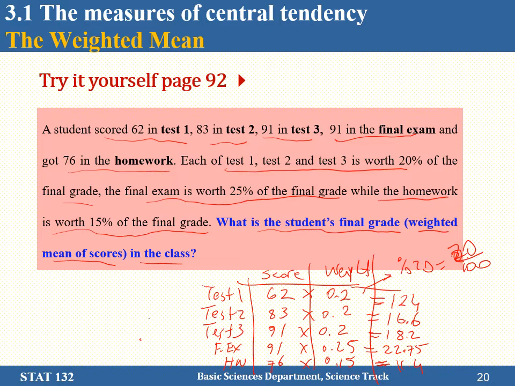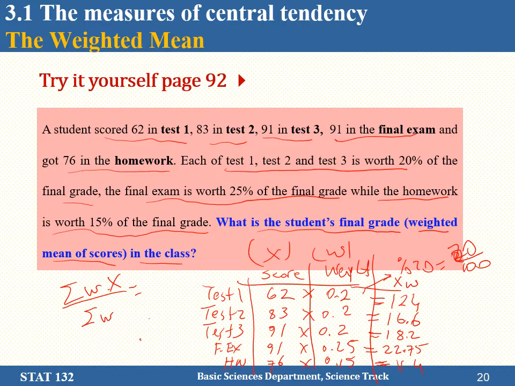We know it's equal to the sum of the weights times the scores divided by the total of the weights. Now we have to calculate this. These products here are your X scores times the weights W. So the XW's are here.